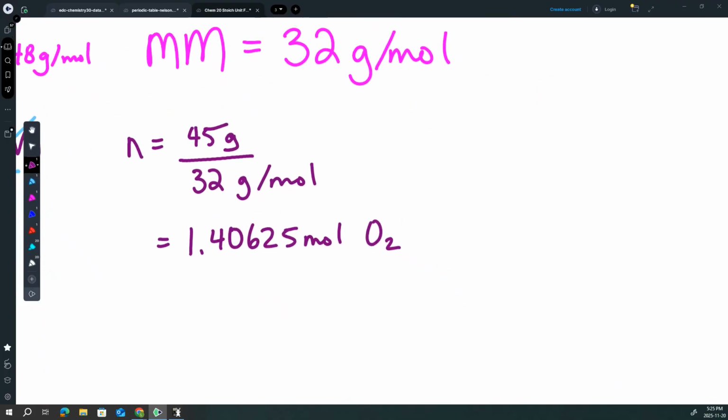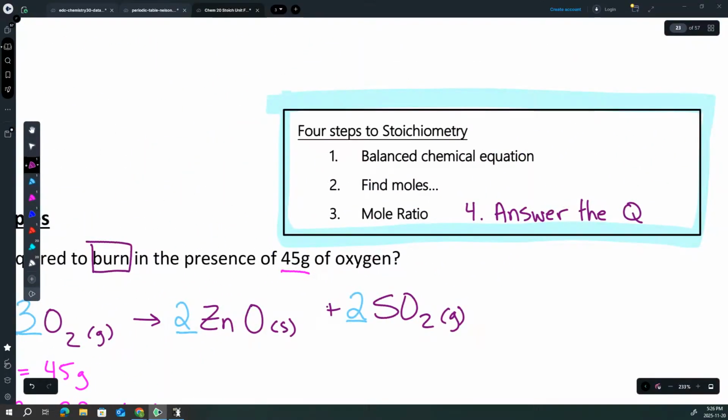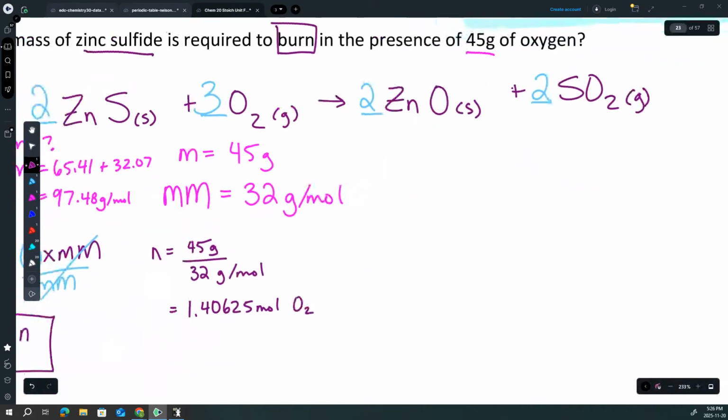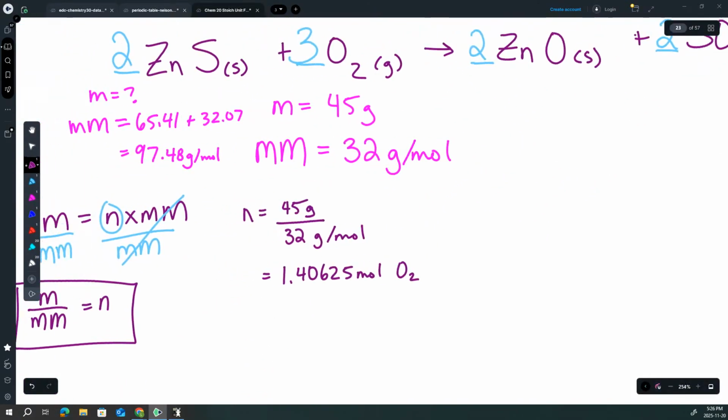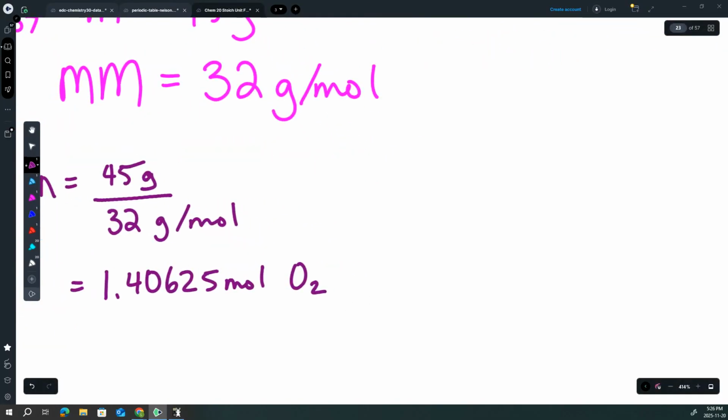Okay, so we finished step number 2, on to step number 3. We use our mole ratio to convert from moles of given to moles of wanted. So we're converting from moles of oxygen to moles of zinc sulfide. Let's use a different color to show that it's a different step.